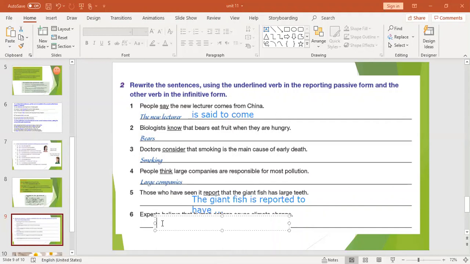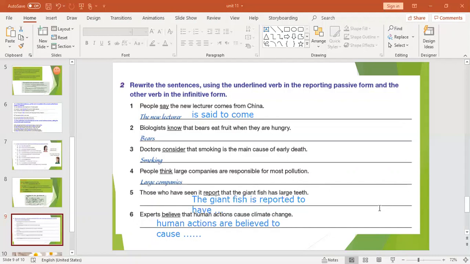So the main thing here we are talking about is human actions are believed to cause climate change.